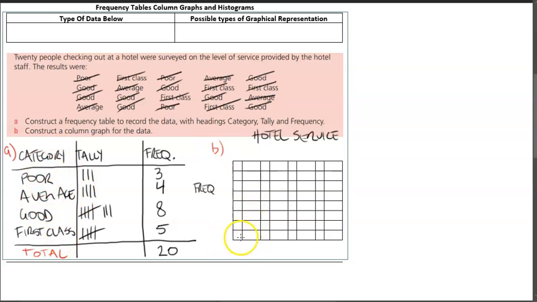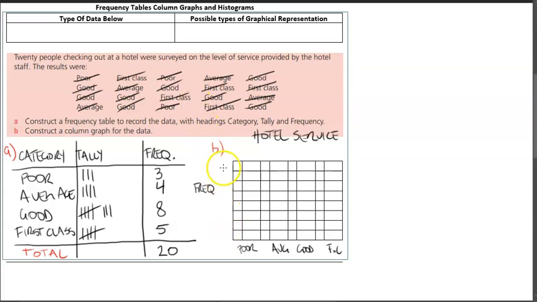So the first one we have is poor, second one average, third one good, and the last one first class, which I put FC. Now, what people tend to do is they see that there are 20 people all up, so they'll have the frequency limit go up to 20. This is incorrect.